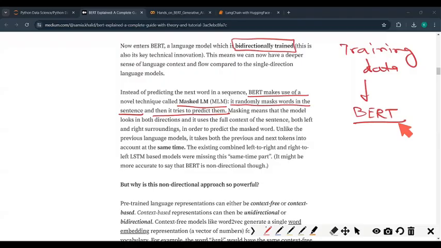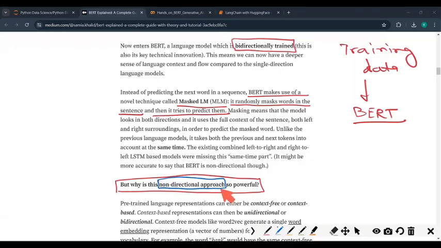Because by just looking at the statement, it won't be able to understand the context. Let's say it is masking this word. Masking means it will hide these words. So there will be a statement and it will hide part of it.